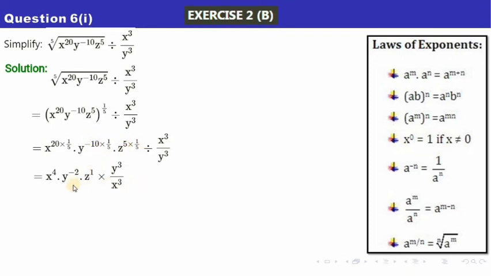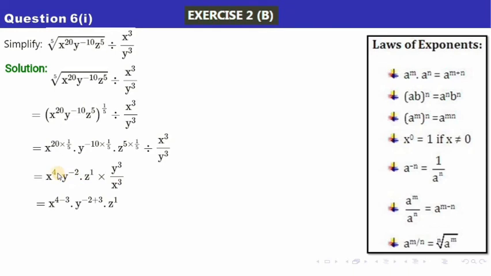Now x to the power 4 divided by x cube, apply this law, so you get m minus n, that is 4 minus 3. Similarly, we have y to the power minus 2 into y cube. Apply this law, you need to add the powers, so you get minus 2 plus 3. And for z, we don't have any pair, so z will remain alone. So we get this much.